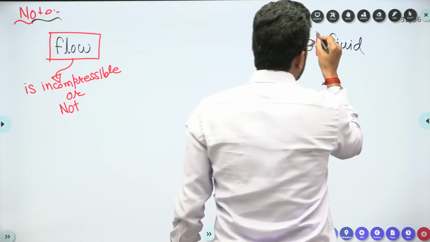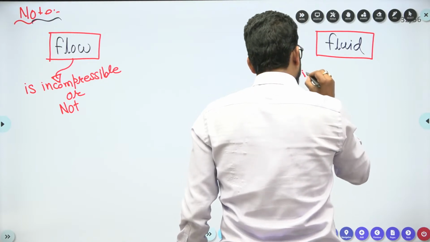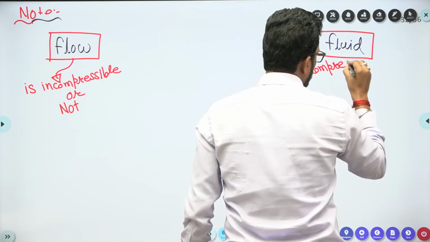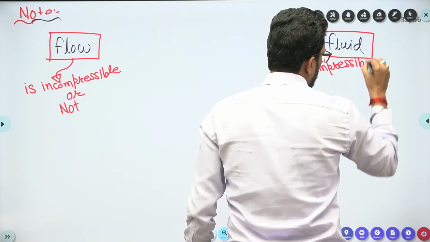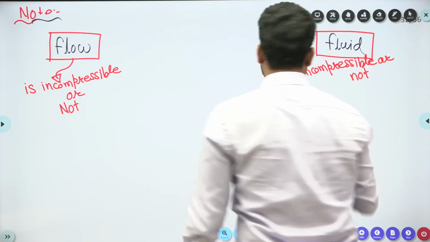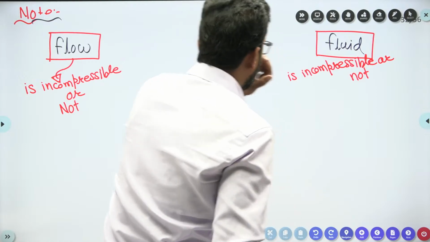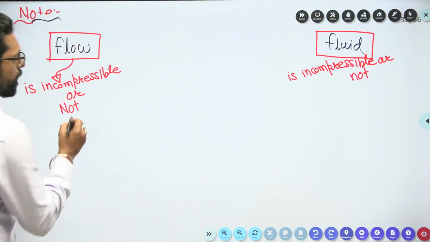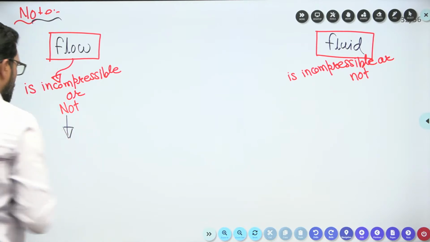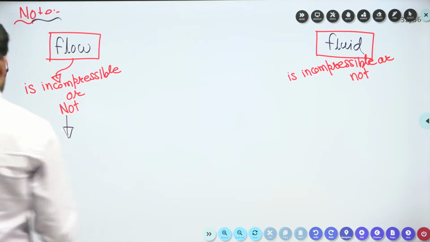Fluid is incompressible or not. There are two things. Flow is incompressible or not, and fluid is incompressible or not. Flow is incompressible or not, we check the volumetric strain.